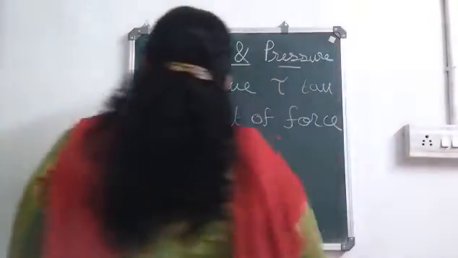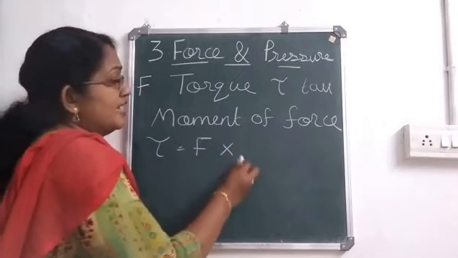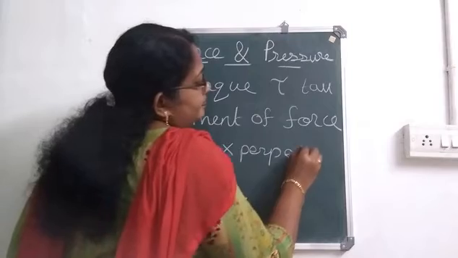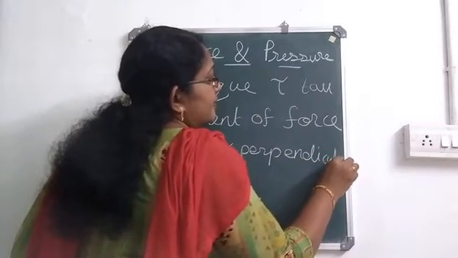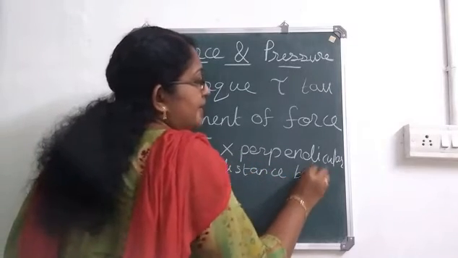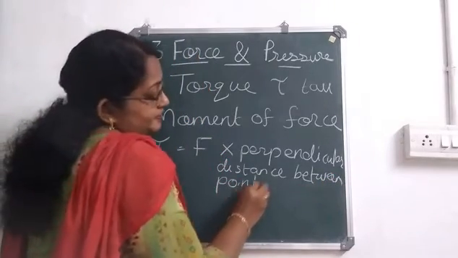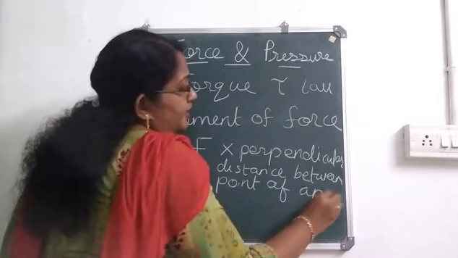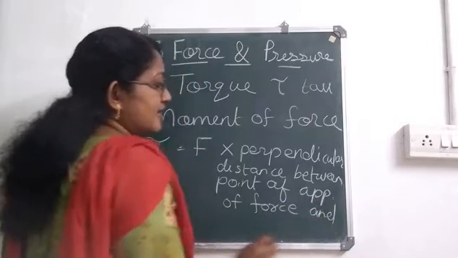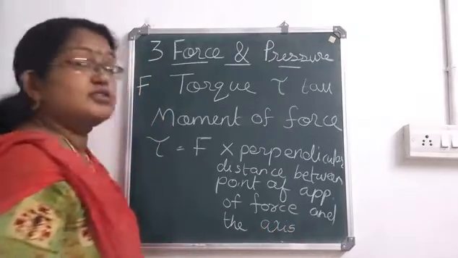Now, the equation for tau is force into the perpendicular distance between the point of application of force and the axis, the fixed axis or axis of rotation.